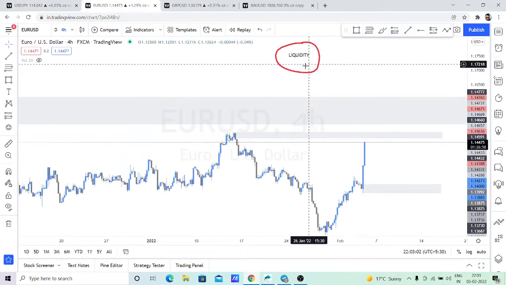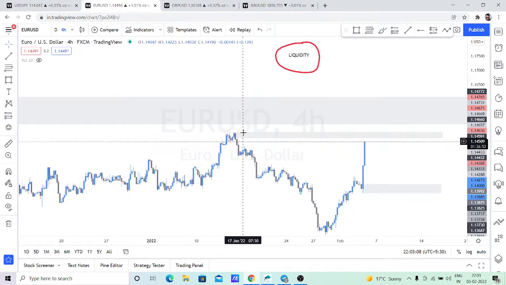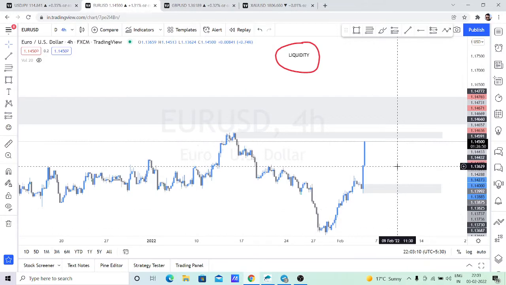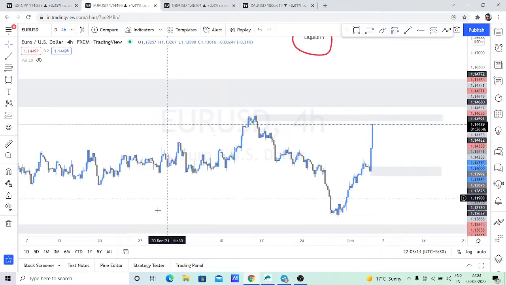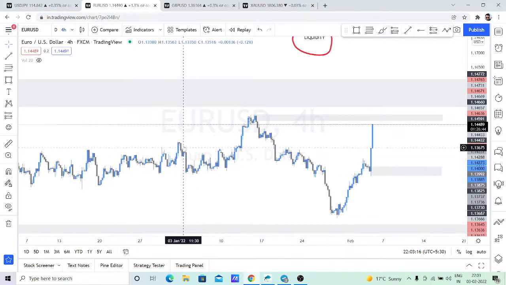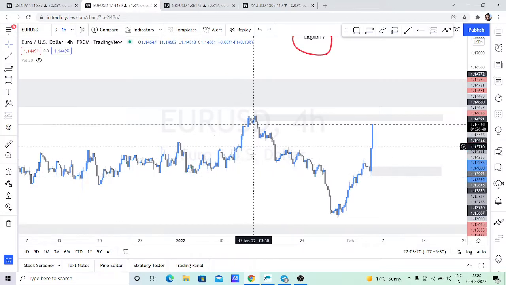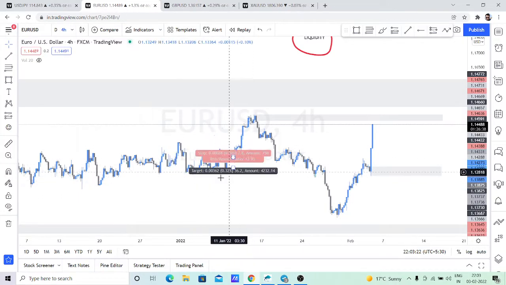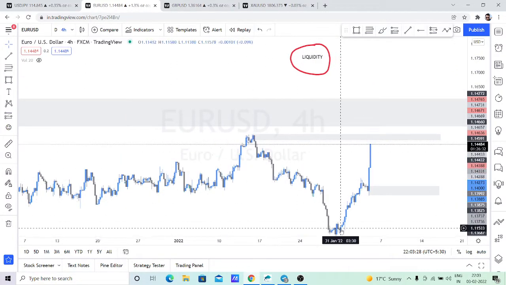Liquidity is nothing but the orders in the market, where the orders lie in the market. How is the market formed? Through orders: buy orders, sell orders, stop loss orders, buy stops, sell stops. Wherever you're buying and selling, those are orders. Hence, liquidity is everywhere in the market.